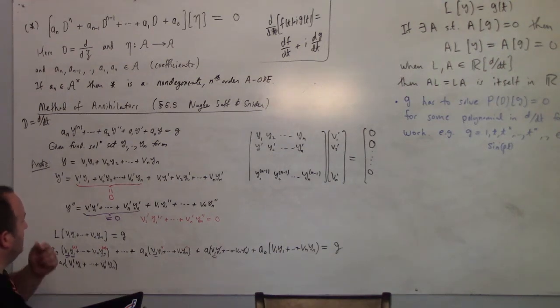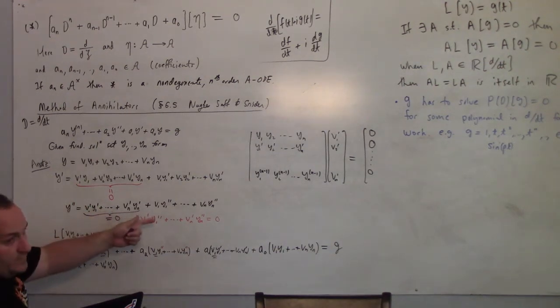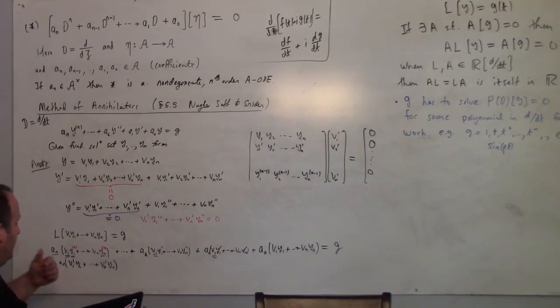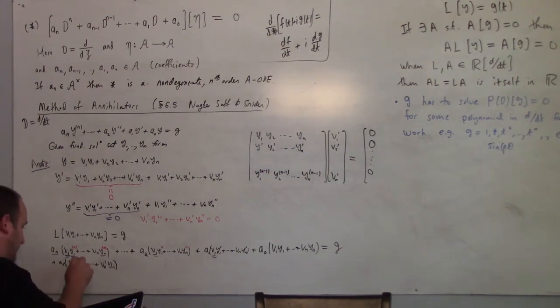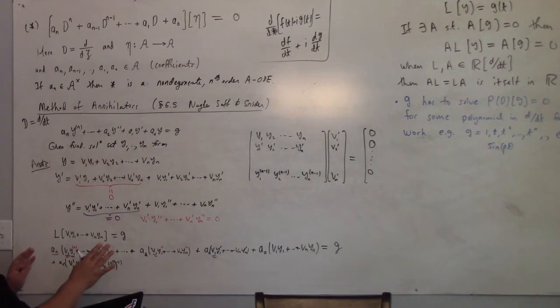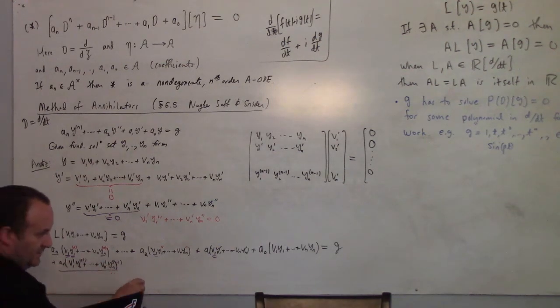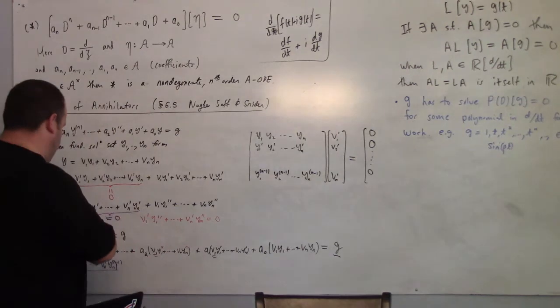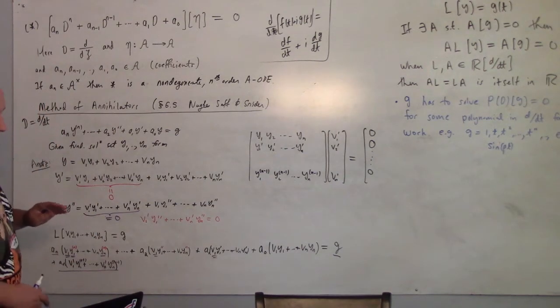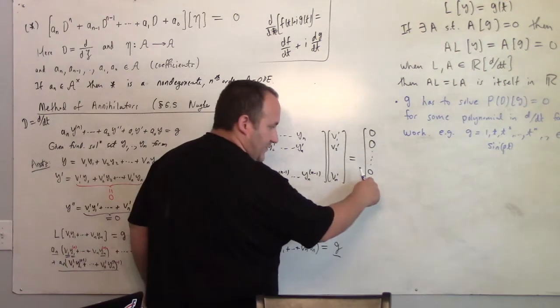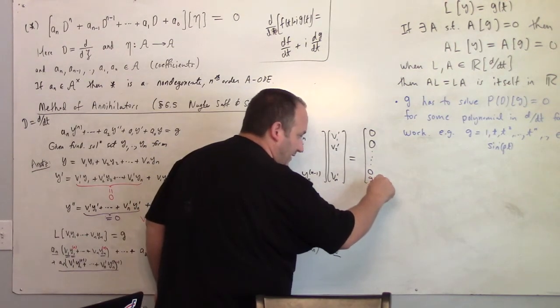No, that's the nth term, and you said you couldn't go to 0 on the last derivative. Oh, on the last derivative, I don't have that one. Yeah, it should be n minus 1 prime. Oh, okay, so that gives me my last equation. Perfect, thank you. So I have this equal to that. Everything else works out to 0. And so that gives me this last thing, and over here not 0, but g over a n.